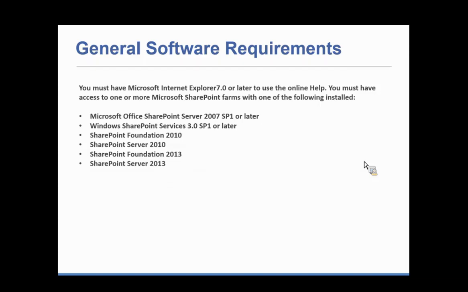SharePoint Foundation is to 2013 as SharePoint Server is to... rather, WSS 3.0 is kind of the light version, so to speak, of Server 2007. Basically, there are 2 versions of SharePoint per major release, and we support all of them up to 2013. That's pretty straightforward, I think.